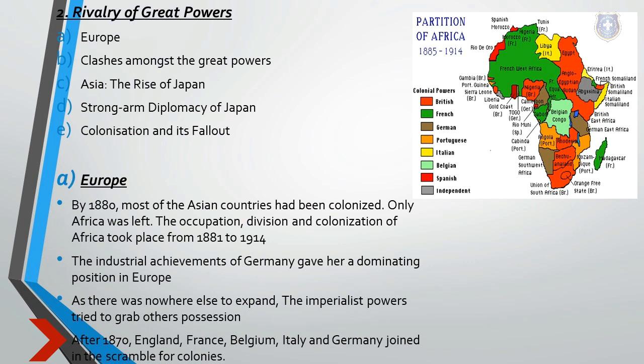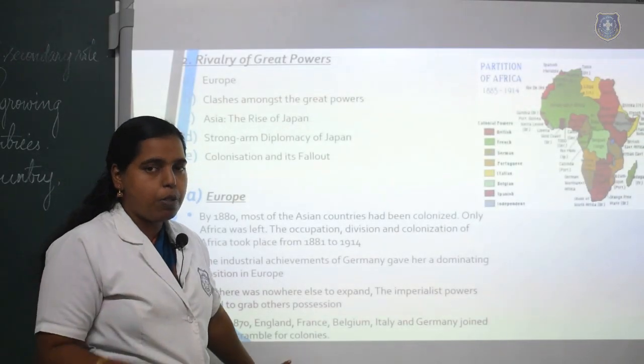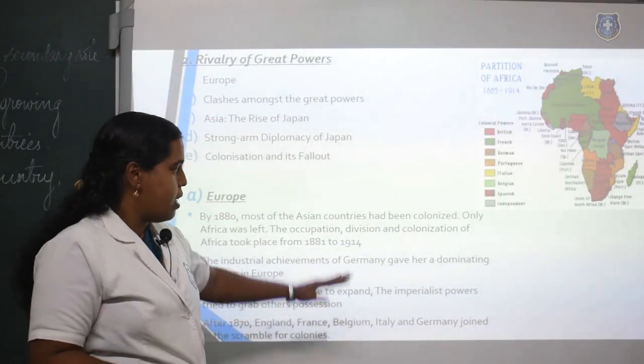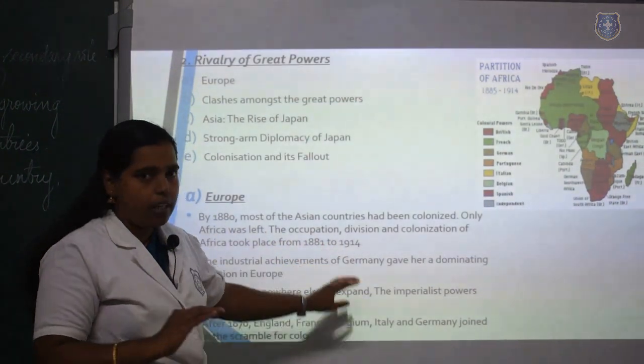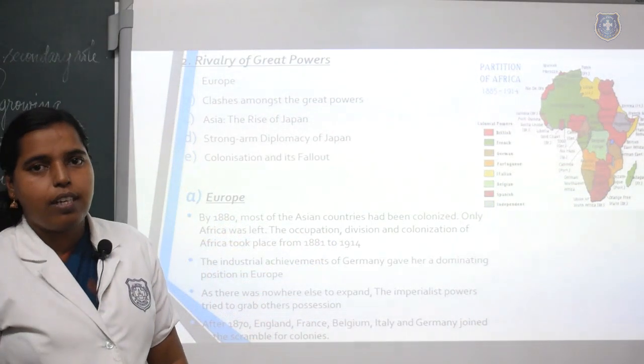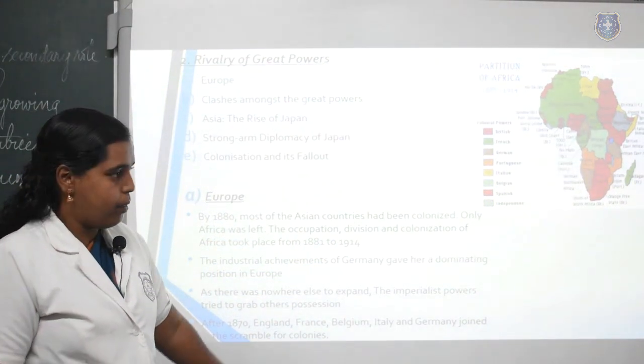And England, France, Belgium, Italy and Germany all joined in scrambling for other countries. Scrambling means annexing other countries for colonies. Both imperialism and colonialism started around the 1880s, that is 1881.